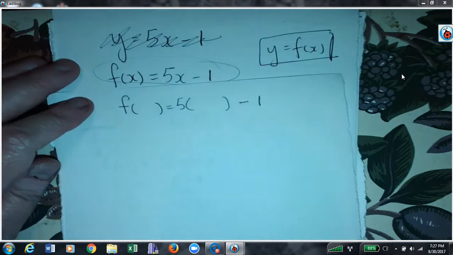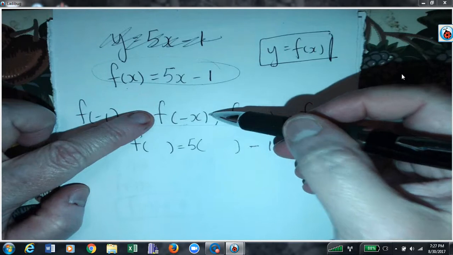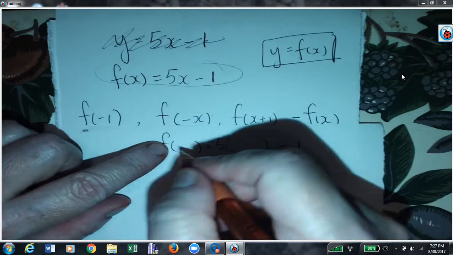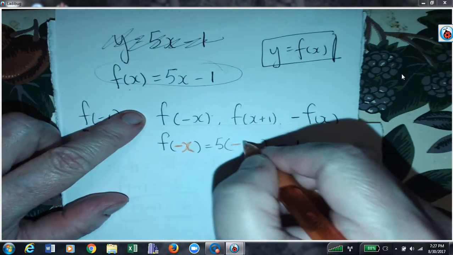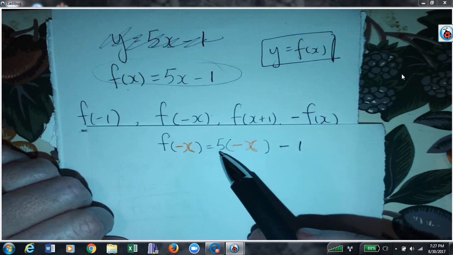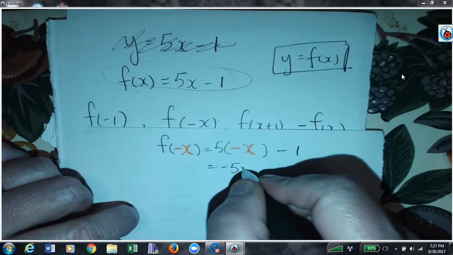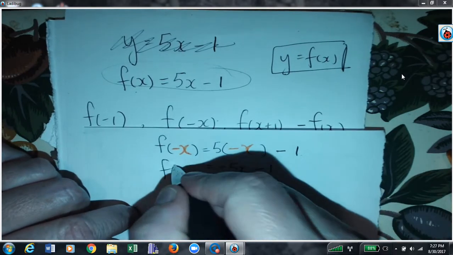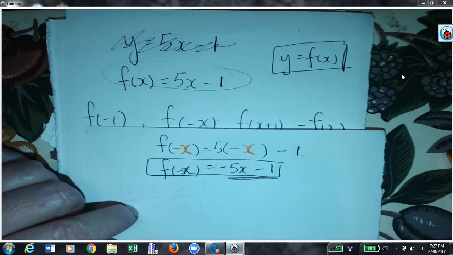Okay, so now what do we want here? We want to find f evaluated at -x. So now inside the blank parentheses, I'm just going to put -x. And then I'm going to work this out. 5 times -x is -5x, then -1. And of course, I cannot combine those, so that's the answer to what f evaluated at -x is.